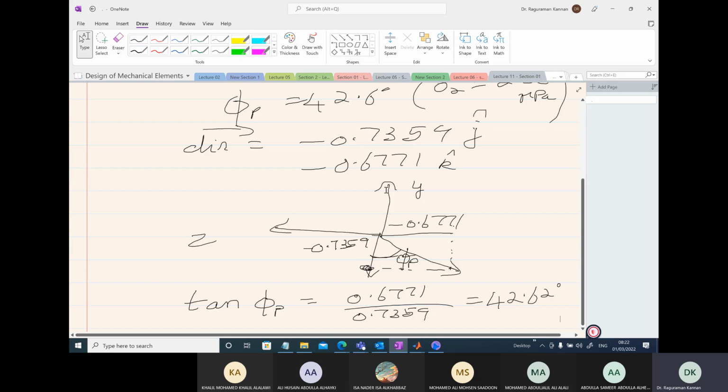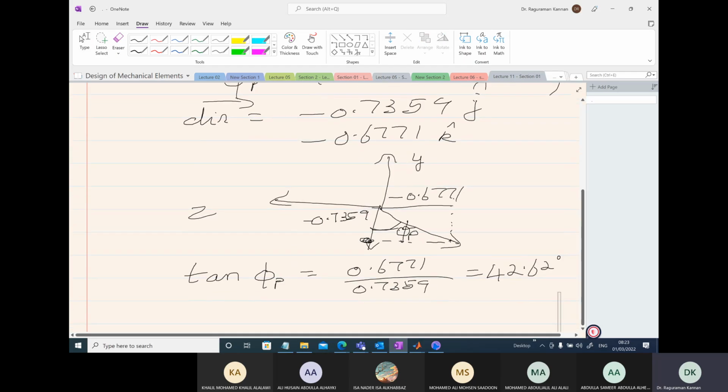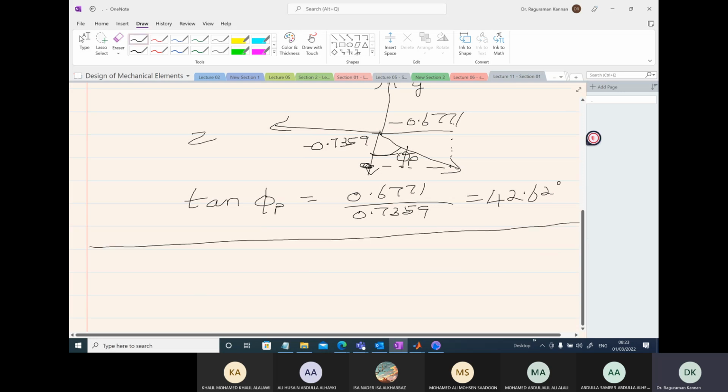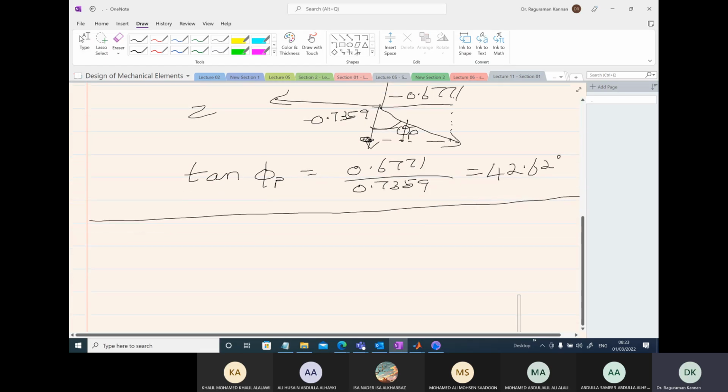So in both the eigenvector direction, and also by using the formula, we get the same angle corresponding to the direction. All right. So we are done with the typical 2D 3D problem, where we can get the directions of principal stresses and the values of principal stresses by using the formulas.